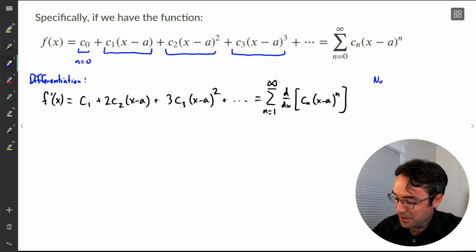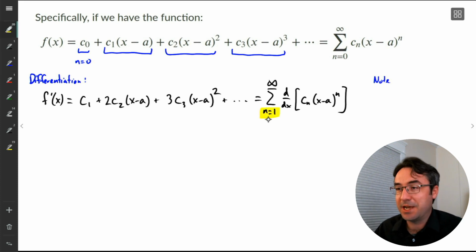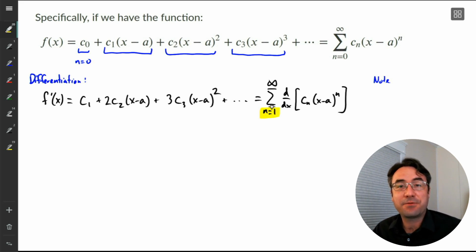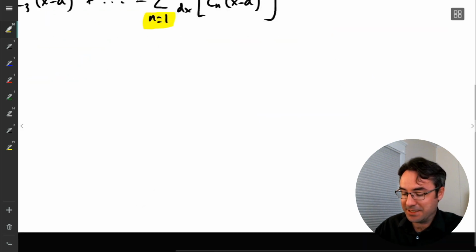So just a little note here about our starting index when we differentiate. When we differentiate our power series, that first term, the n equals 0 term, is going to just differentiate to 0.